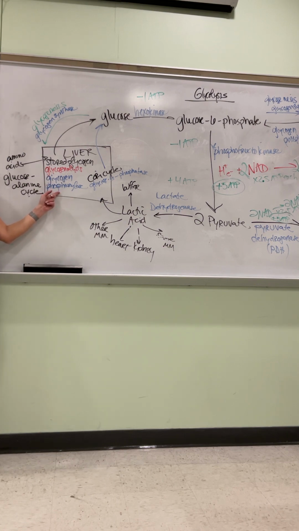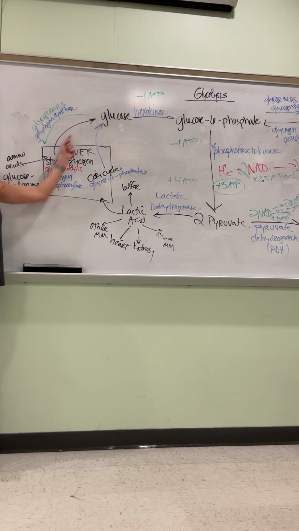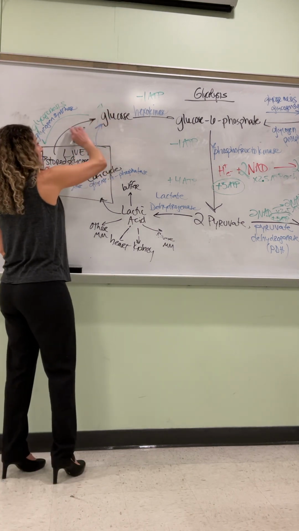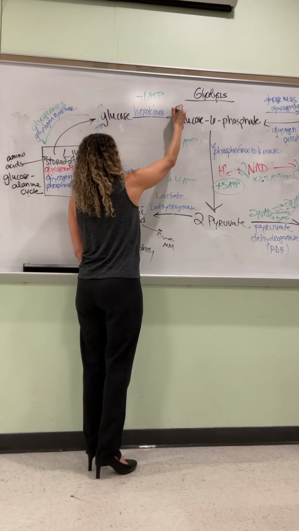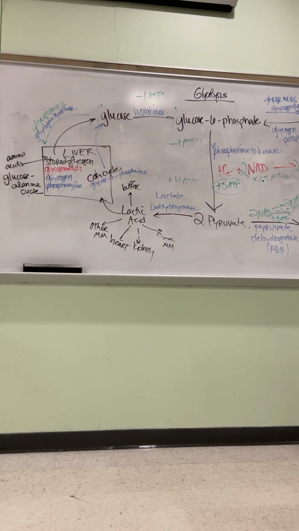Okay, so when you're exercising, we activate glycogen phosphorylase. That speeds up glycogenolysis. So we start breaking down more liver glycogen. That dumps into the blood as glucose. So we now have high levels of glucose that's going to come flooding into the muscle as glucose 6-phosphate. There's a ton of substrate there. That's a signal to PFK. Let's go speed up the process.